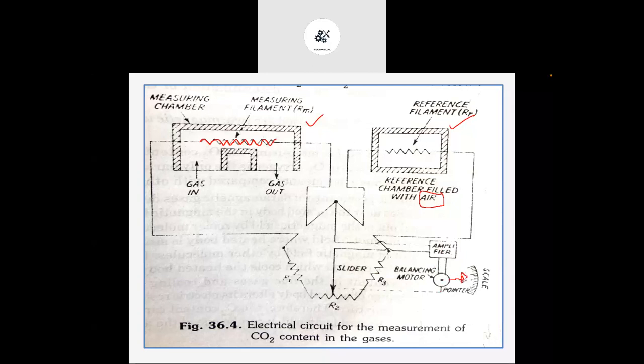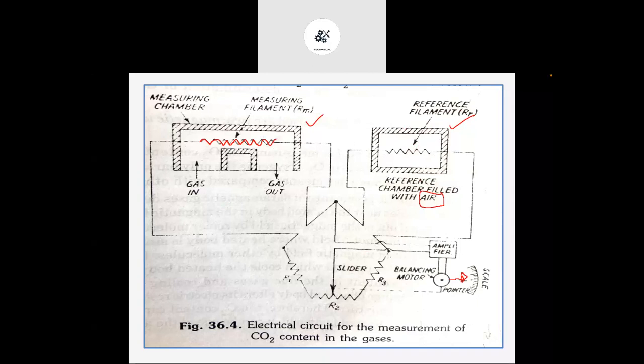This is the Wheatstone bridge electric circuit, and its output is given to an amplifier to amplify it, and it is directly connected to the pointer or scale. On this scale you will see the difference between the thermal conductivity of the reference air and the sample gas.